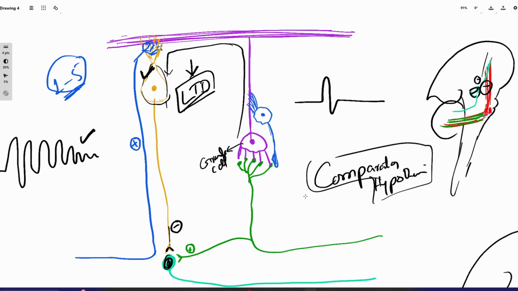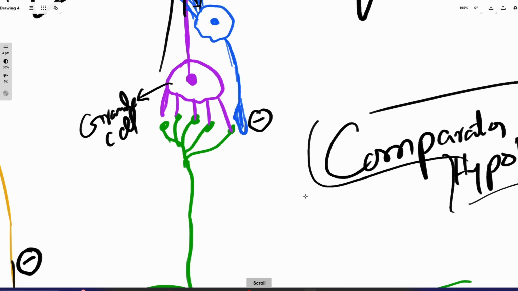At the same time, it stimulated the Golgi cell here, and then the Golgi cell inhibited at this point. It inhibits the connection of the mossy fiber at the site of synaptic connection of the mossy fiber with the granule cell. So here it released inhibitory factors at this point.